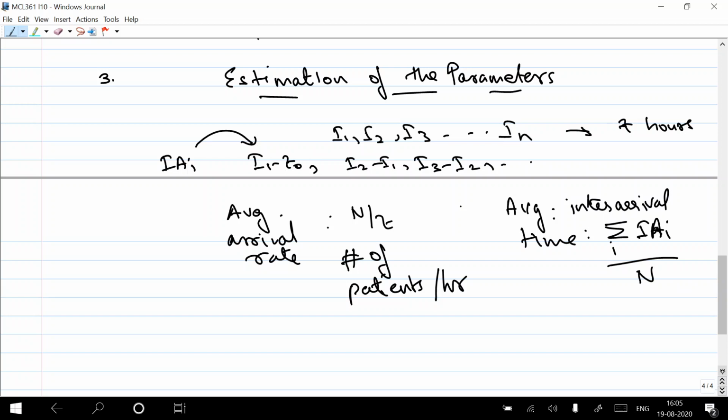but is it enough to just calculate the average values? No, it's not. What you should do is actually fit distributions to this data. If you collect it over a period of t hours, then for each of the t hours you figure out the number of patients coming. Let's say for a period of 30 hours, in the first hour maybe 10 patients come, second hour maybe 12 patients come, then 8, and so on.